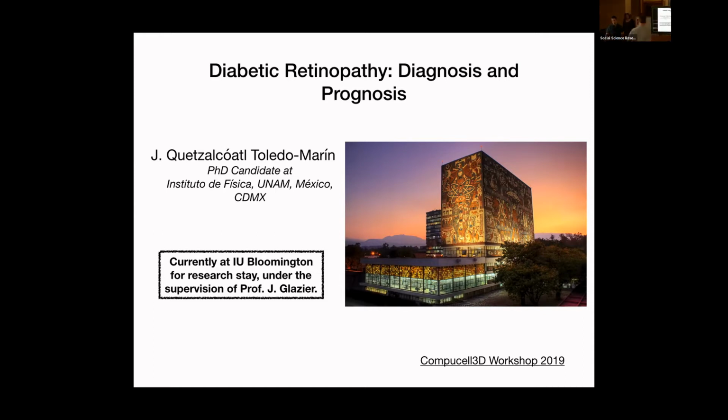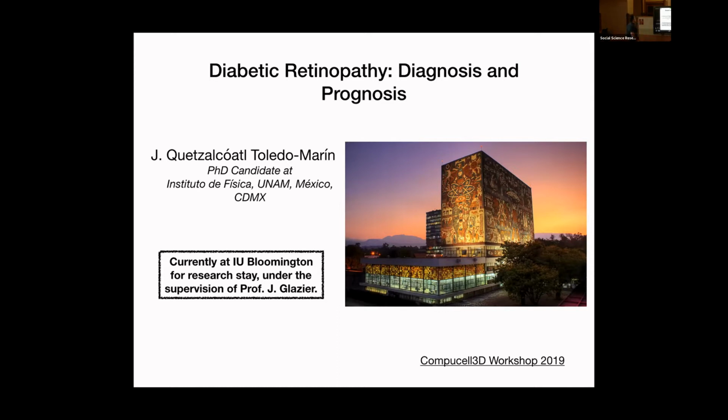My background is actually glasses, and rigidity has to do with relaxation, so it has nothing to do with biology or CompuCell. This is all quite new to me, so I'll try to get the message across about what I'm trying to work on.